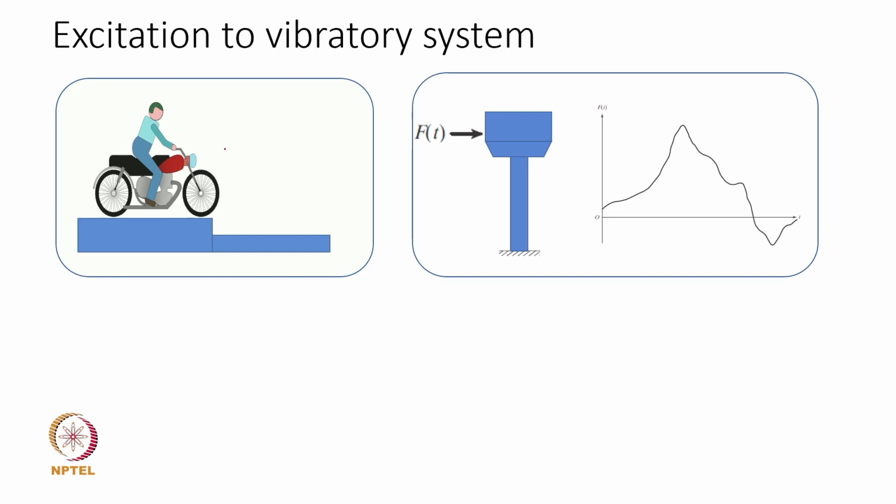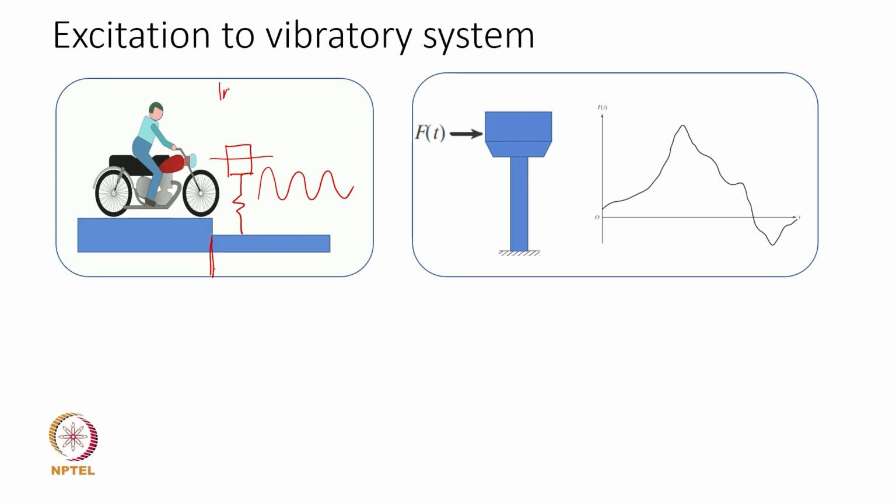For example, if this is modeled like a spring mass system, exactly at this instant of time there is an initial displacement condition that we introduce, and then because of this initial condition, what is the response of the vibratory system, that is what we considered.